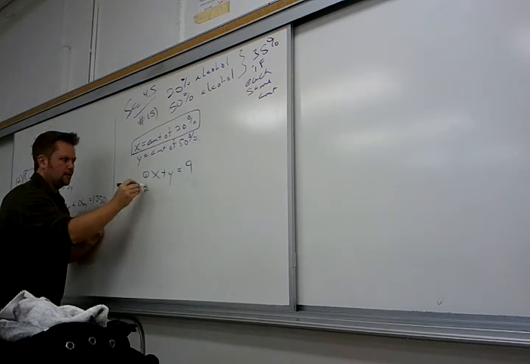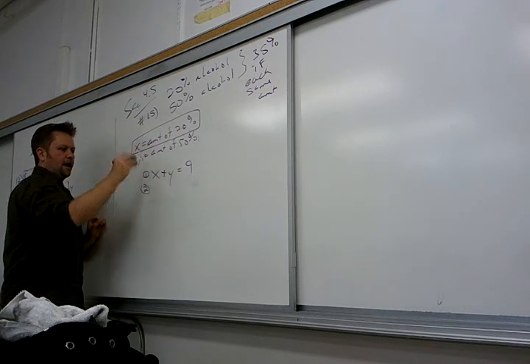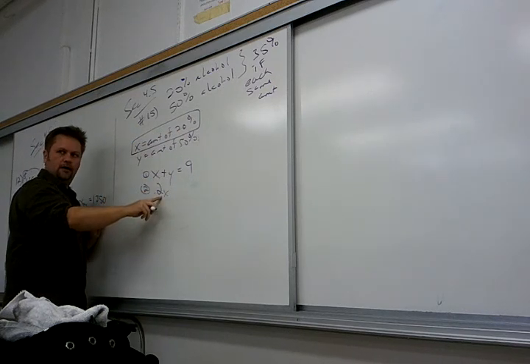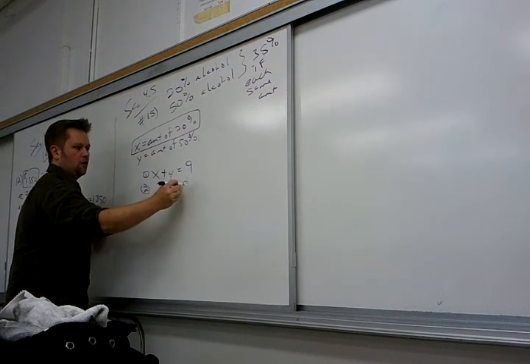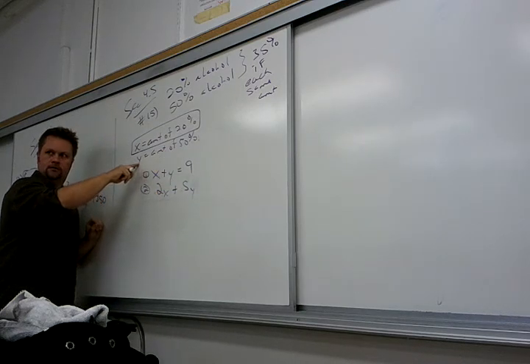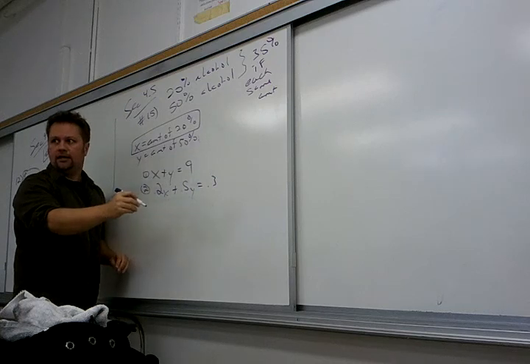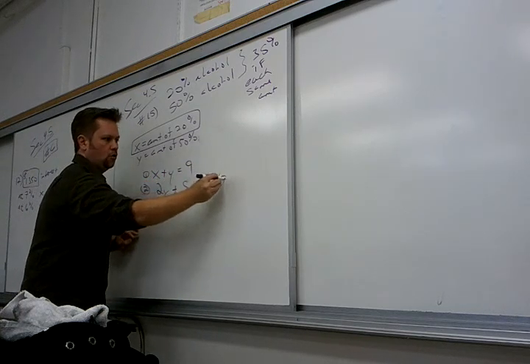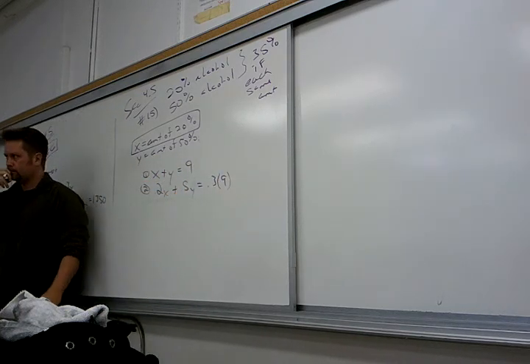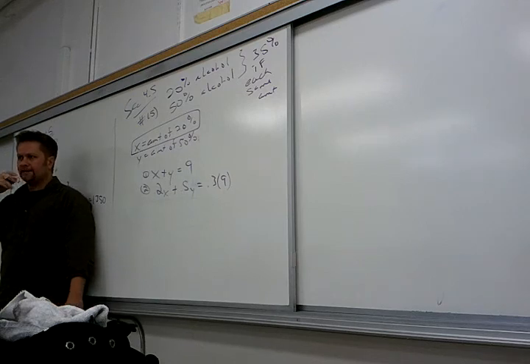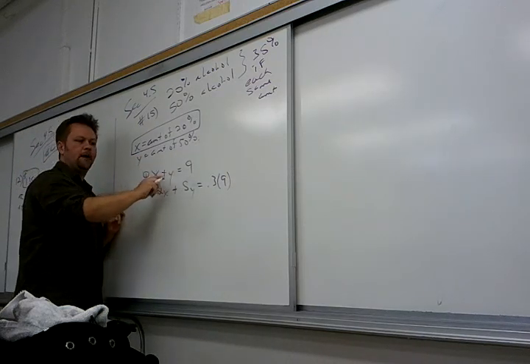Cool. So if I take 0.2x, the alcohol in this, plus the alcohol in this, I've got to end up with 30% of 9 gallons, the total. That's how you set up a mixture problem, right? So you have one idea which is purely an amount idea.